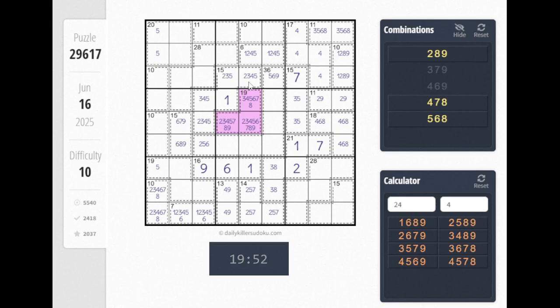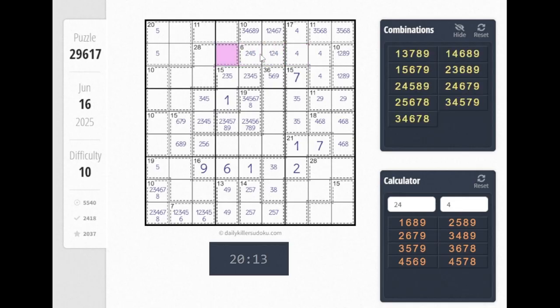What else do we know? Two, 1, 9. That one we've known about for a while, but we just didn't write it down.